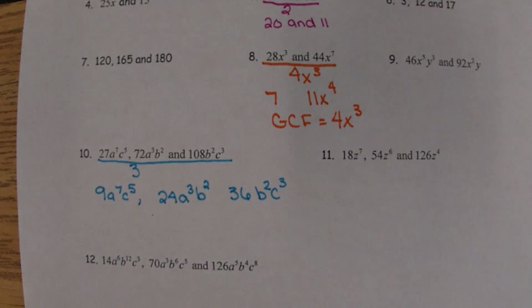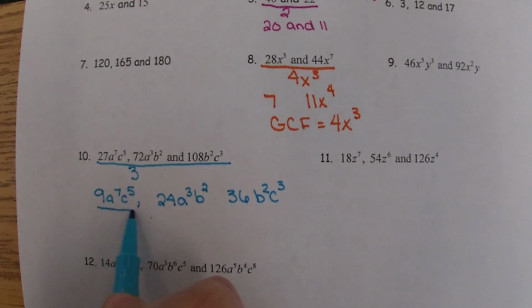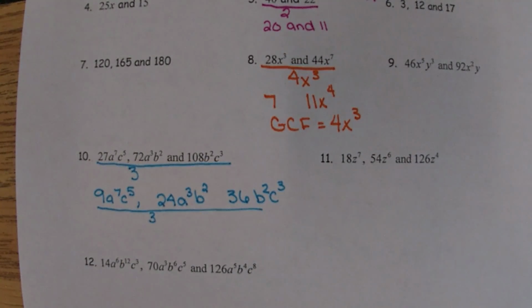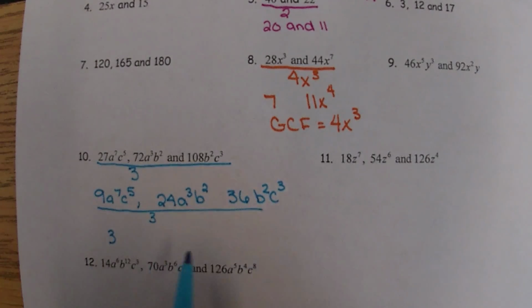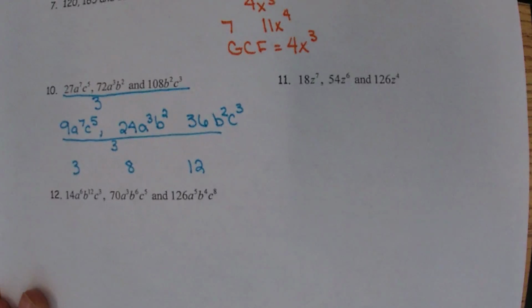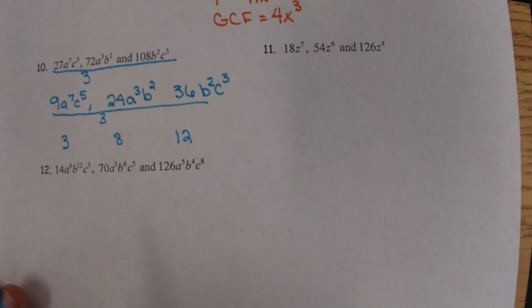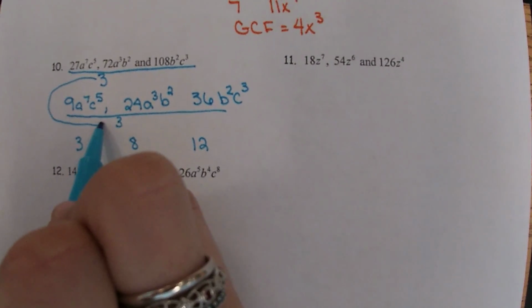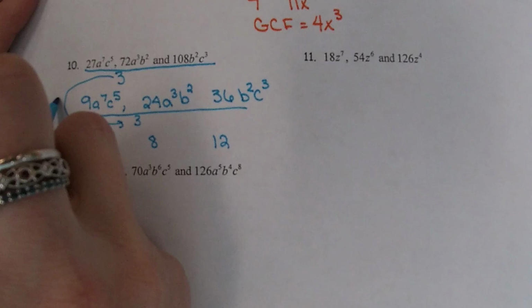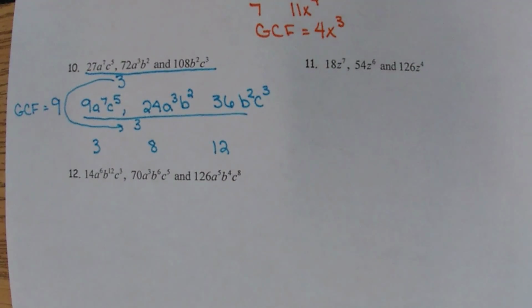Okay, then we'll check again. 9, 24, and 36. 3 will go into all of those. Now that I know I've taken care of the variables, I'm just going to keep track of the numbers here. 3, 8, and 12. There is nothing that will go into 3, 8, and 12. So I'm going to take my numbers and multiply them. 3 times 3 is 9. So I know my GCF equals 9.